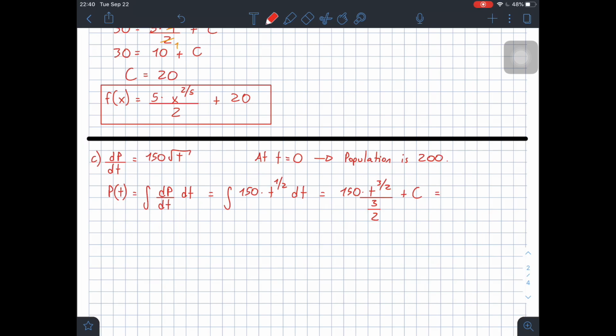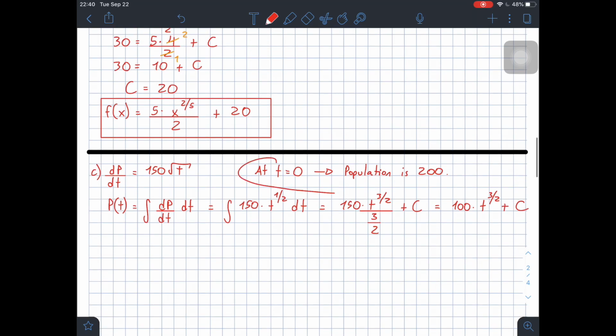So if we reorganize, this would be 150 times 2, that's 300. And 300 divided by 3, that's 100. So I can leave this as 100 times t to the power of 3 over 2 plus c. So this would be the general expression for the population formula, right?